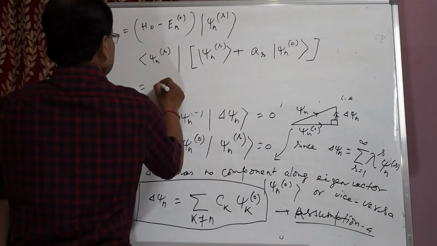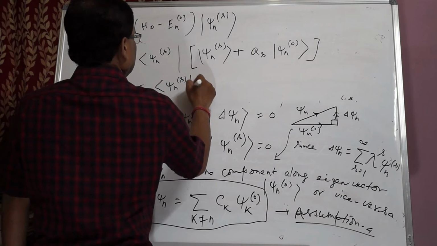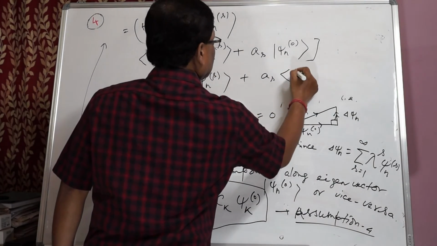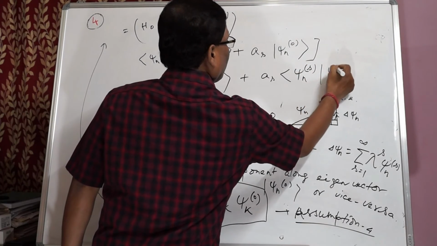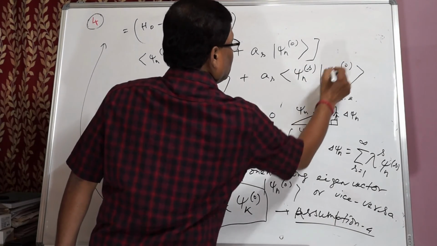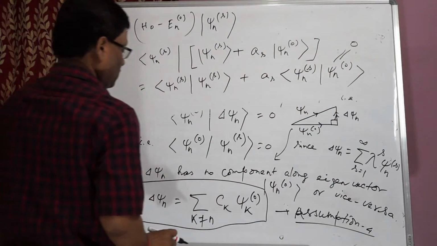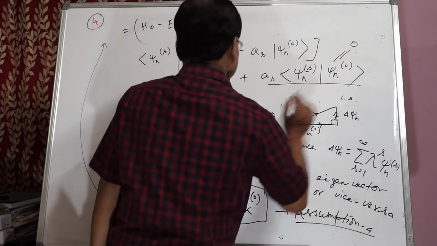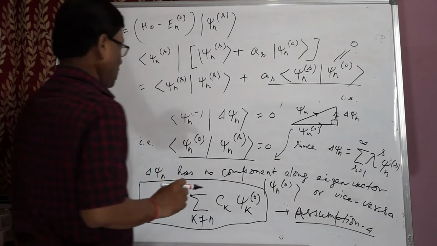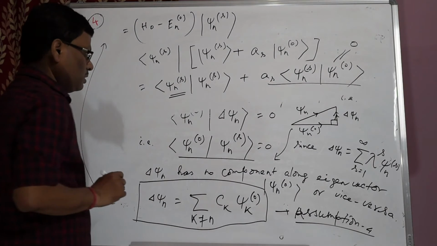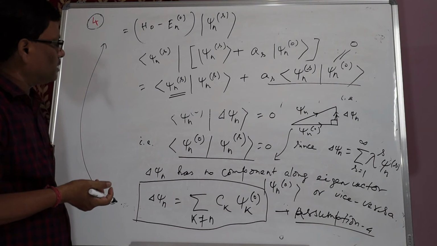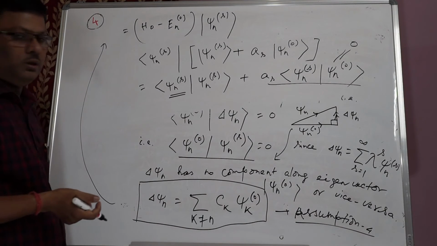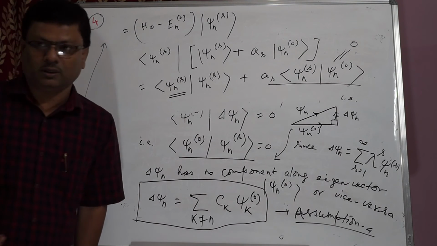So I write this one, psi n s plus a s. Okay, so according to our assumptions, psi n 0 and psi n s are orthonormal, so this part is cancelled out. So we are only left with the expression for the wave function psi n s. Okay, based on these assumptions, now we proceed further.